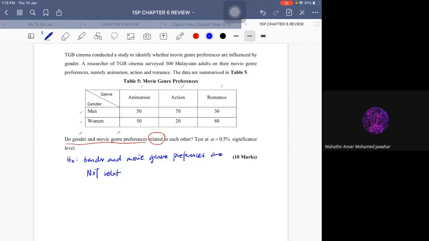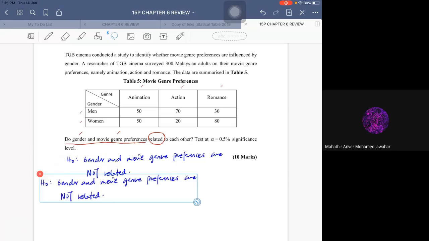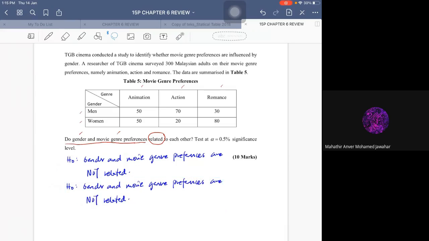This is always going to be the null hypothesis. For the alternative, I'm simply going to do the opposite. I'm going to say that both of these are actually related. Remember, null is not related, so alternative is related.